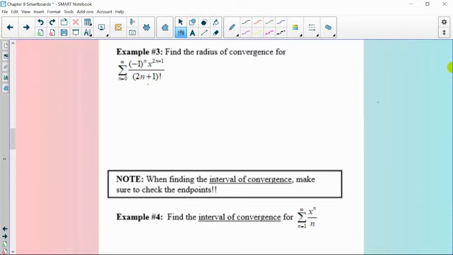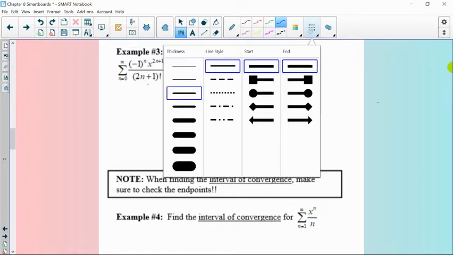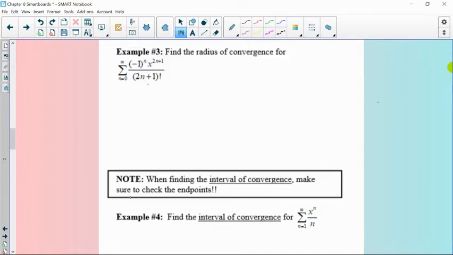So just to be a little bit careful with the notation, I'm going to have the limit as n goes to infinity of the absolute value of -1 to the n plus 1, and then it's x, and be really careful because it's one more. So think about this for a second.